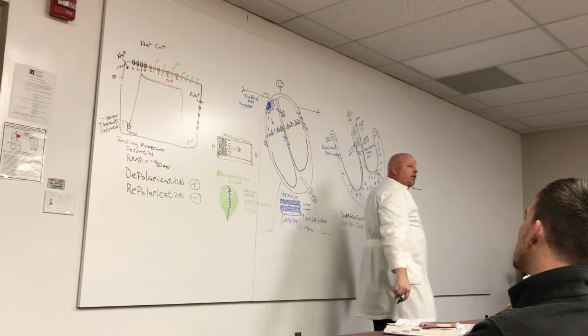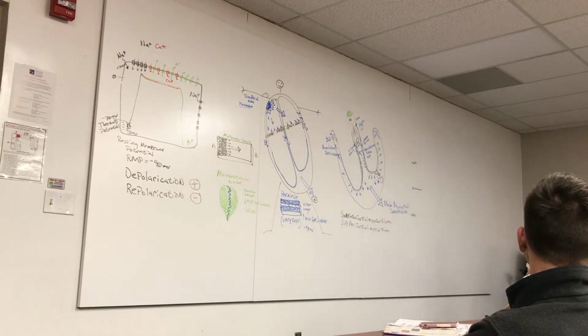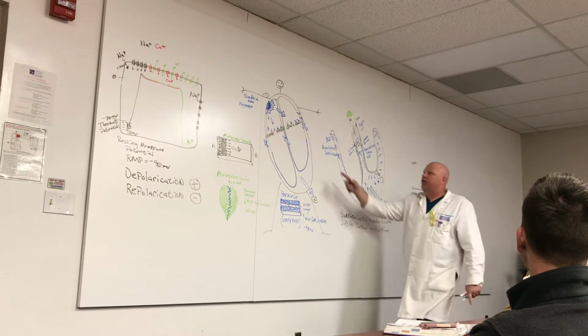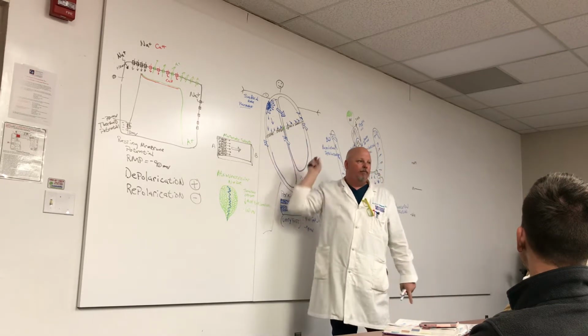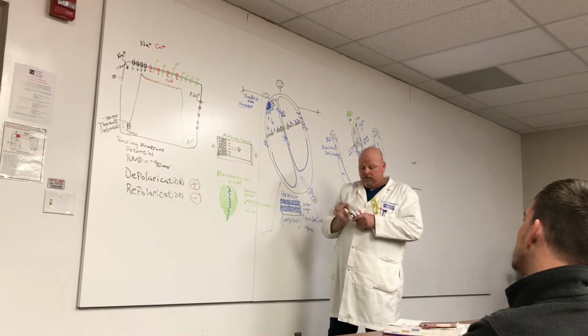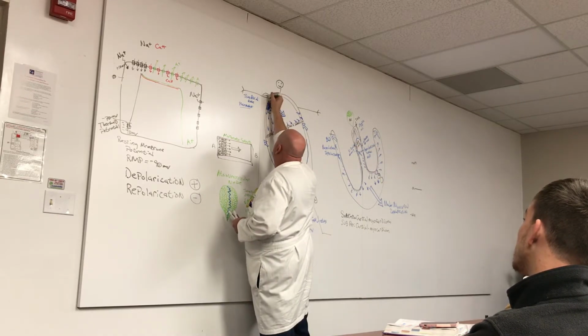Okay, so this is where we put the leads in an EKG system, okay? We put negative on the right side, positive down on the left, which then measures these electrical events in the heart. So negative up here, positive down here. So you can see it, right?